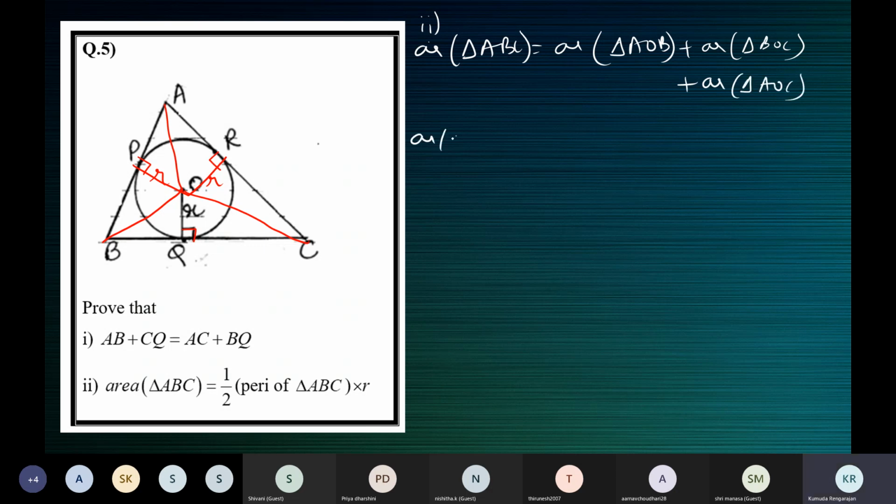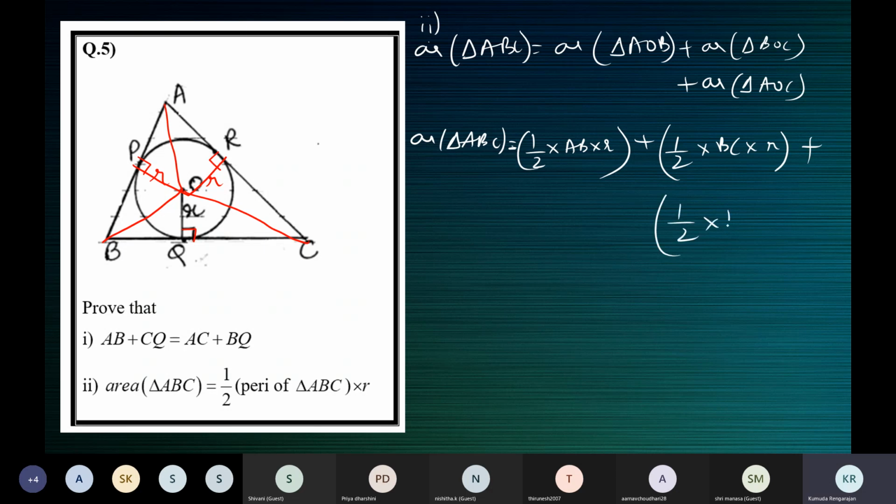Area of triangle AOB is half into AB into R, plus BOC, half into base BC into R, plus AOC, half into base AC into R. Height is the radius. Altitude is the radius.